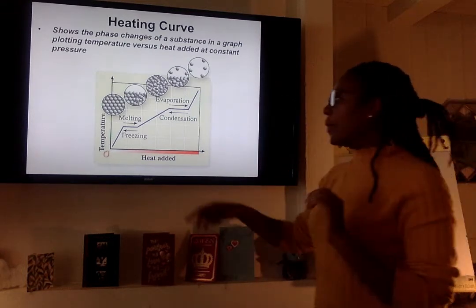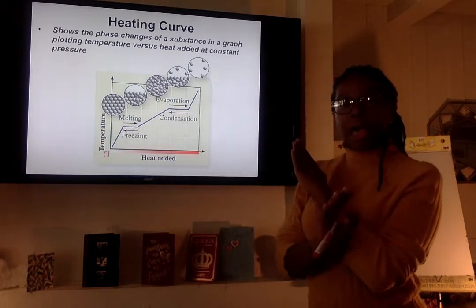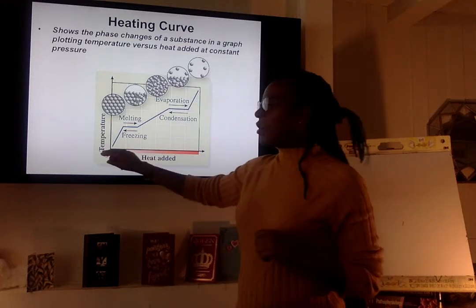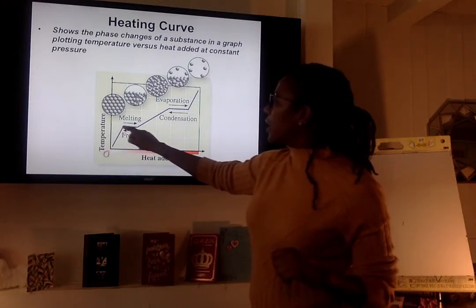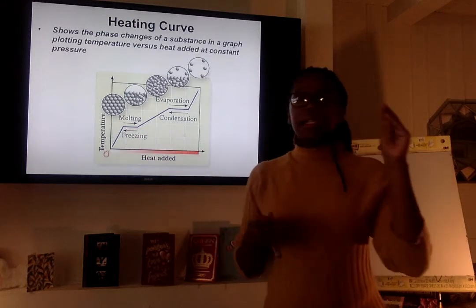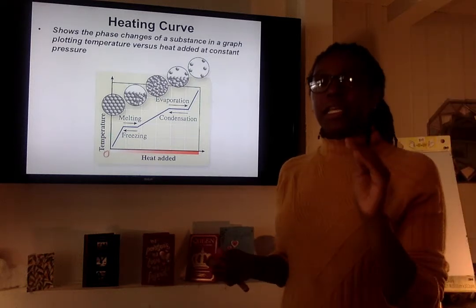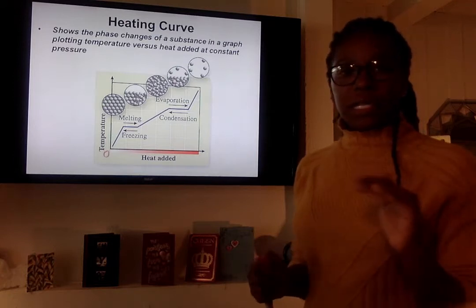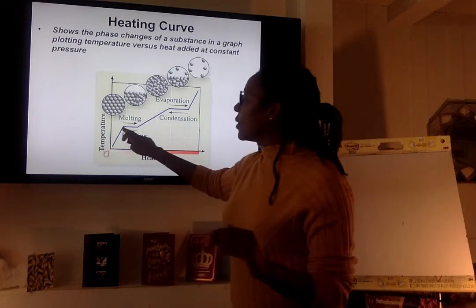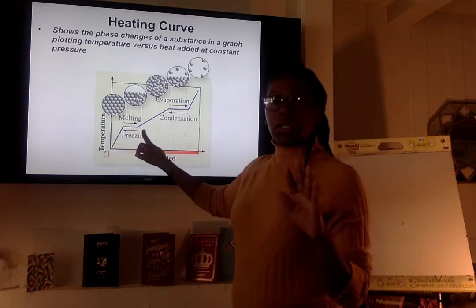So once you get to that point, that's where there's going to be this melting and freezing happening, right? So you're adding more heat onto this piece of ice. You're adding more heat, you're adding more heat, you're adding more heat. And at this point, you added so much heat that if you left it at that temperature, this ice will melt from full ice into all liquid, right?